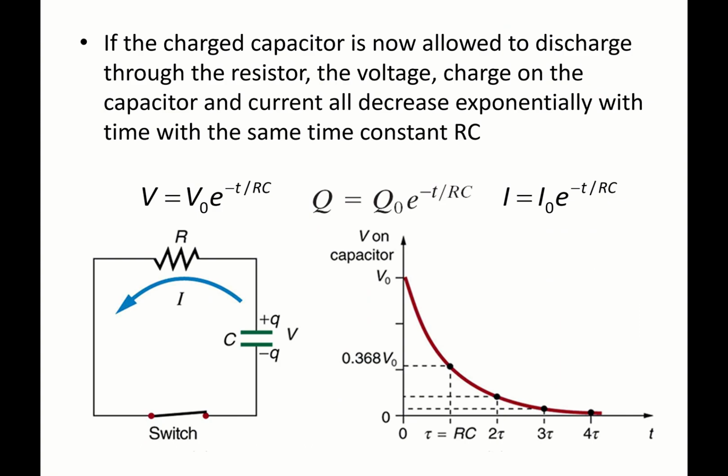What's going to happen is that the voltage, the charge, and the current are all going to decay exponentially with time, and they're going to have the same time constant tau equals RC as they did for charging. So when you're discharging, all of them start at a maximum and go down to 0.